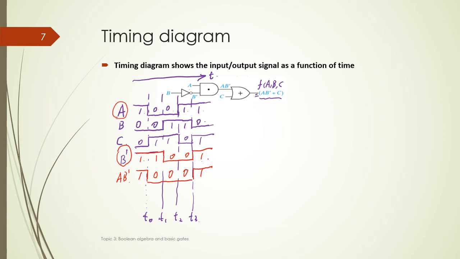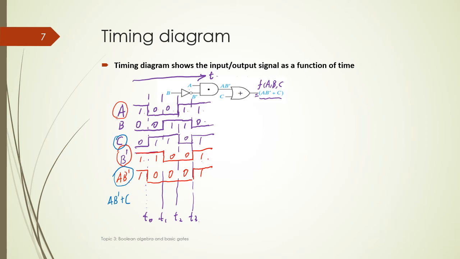Now let's try the last one, A B prime, or C. How about this one? This is the OR function between this and that, right? Let's recall the property of the OR function: the output will be 0 when both variables are 0.